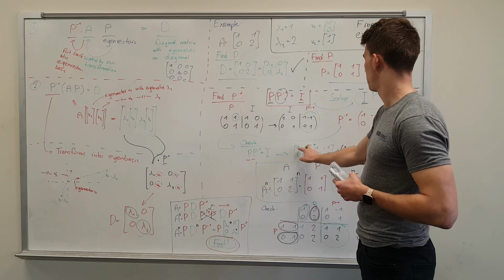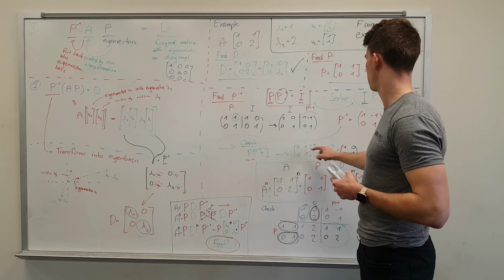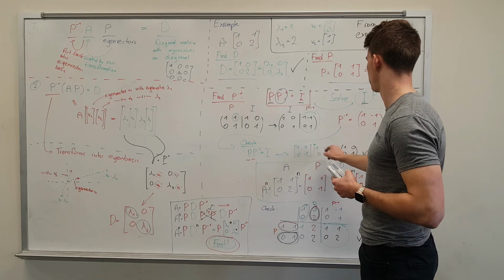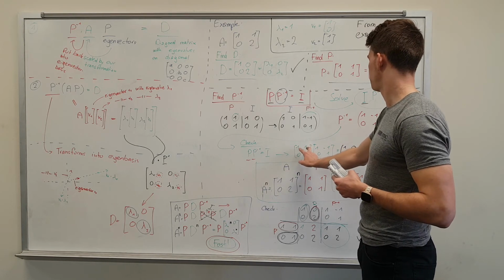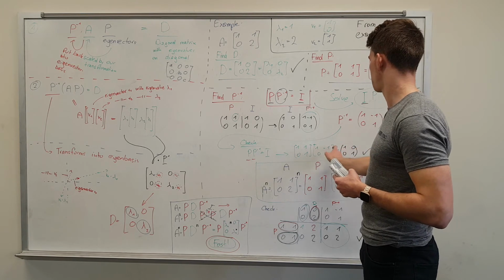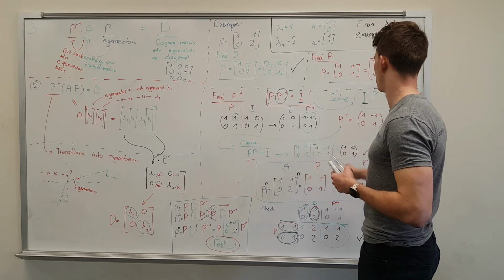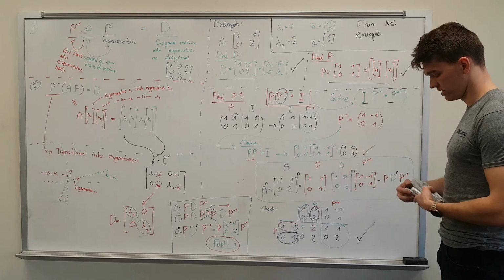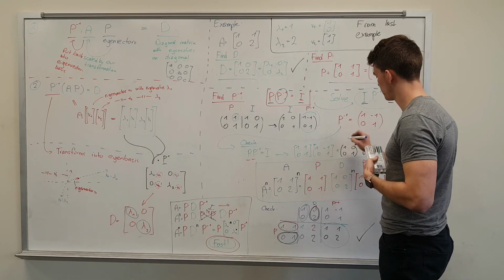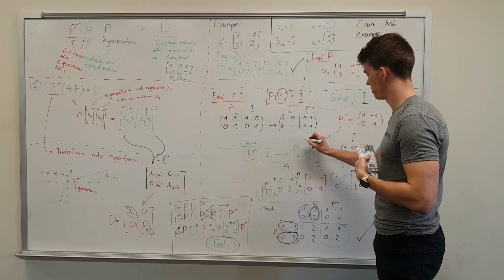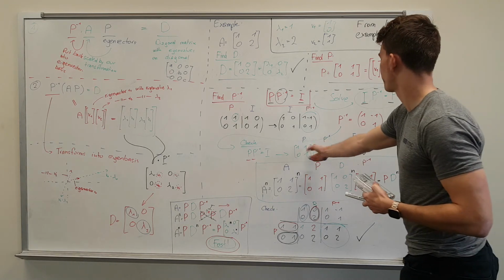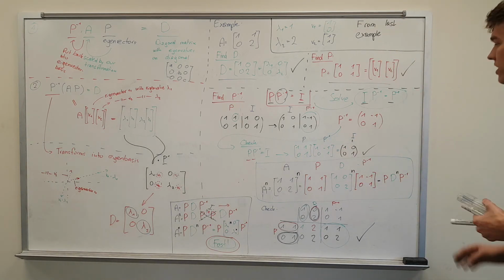We dot this with this. Well, this is 0: minus 1 times minus 1 plus 1 times 1... no, 1 minus 1, 0. And we dot this with this. This is 0 times minus 1, 1 times 1, 1. So this is the identity. That's what we should get. Don't forget, this is the identity. This is P inverse. This is P. So this works fine. We could also reverse this. It would be the same thing.